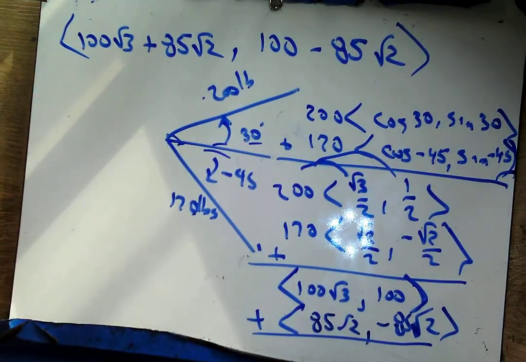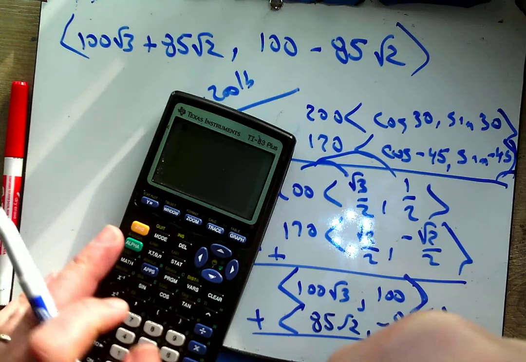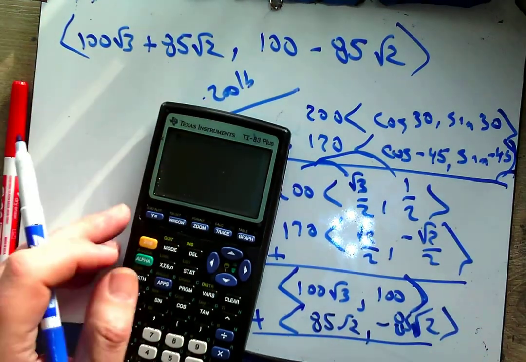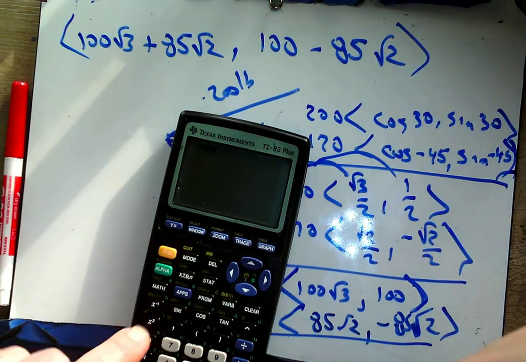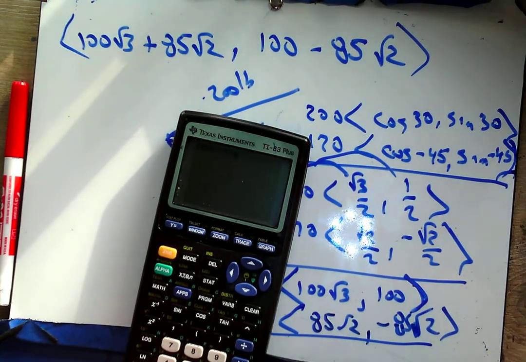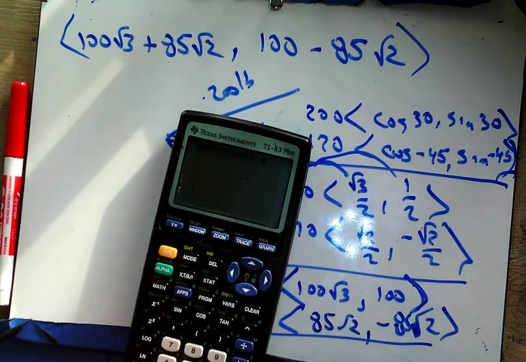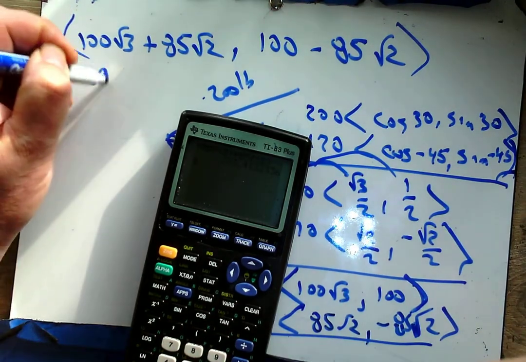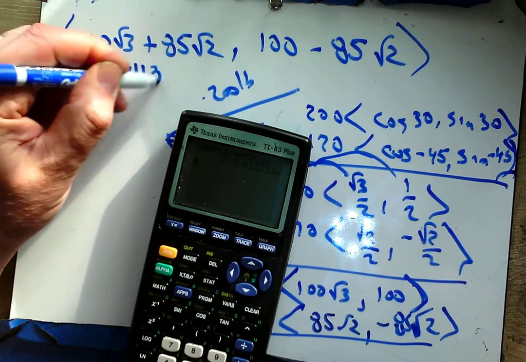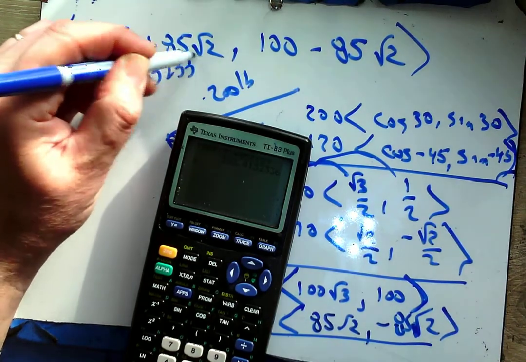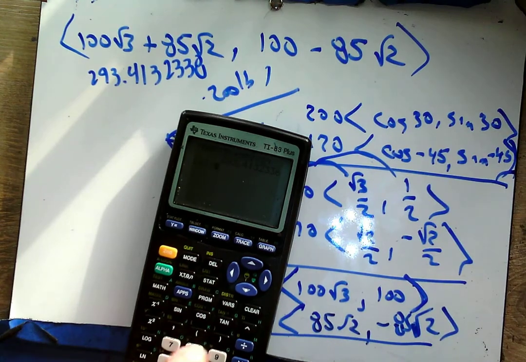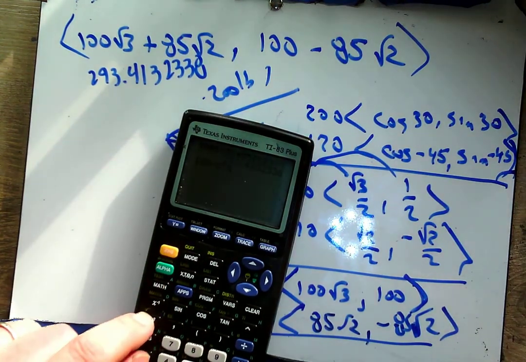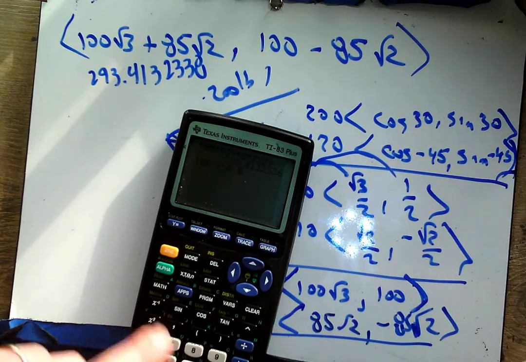That's capital T truth, but I'm going to pull out the calculator anyway because I want to have a sense of how big that number is. 100 square root of 3 plus 85 square root of 2. And I get 293.4132338, comma 100 minus 85 square root of 2.